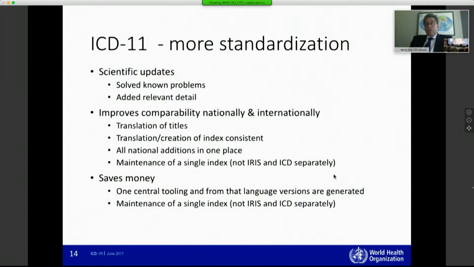So more standardization means the updates, means the comparability internationally, and it also saves money. The saving money may not impact on your policy, but this comparability, the national and international comparability, improves with a correct translation of titles, with people using the same schemes, and that will really help.